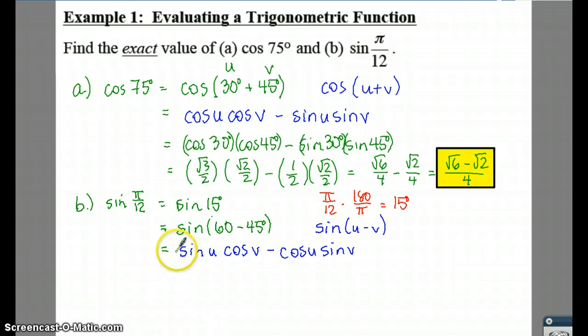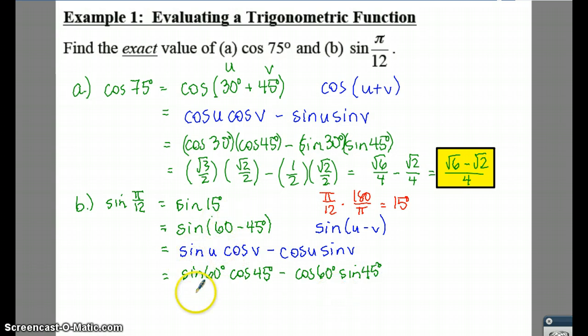So let's evaluate each of these functions. So we're going to say the sine of 60 times the cosine of 45 minus the cosine of 60 times the sine of 45. So let's plug in all of our values now.